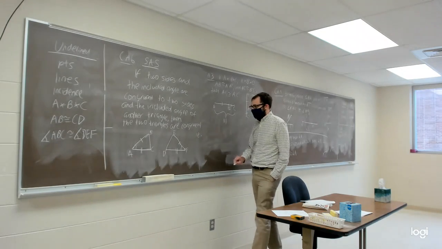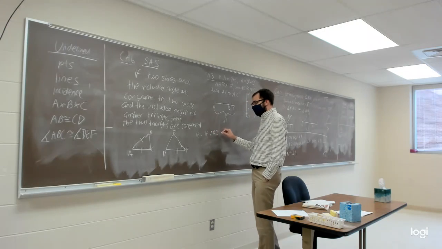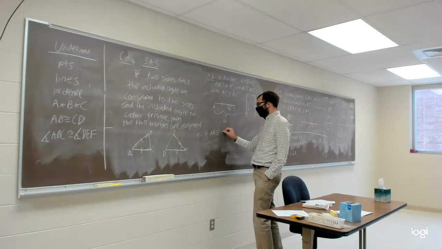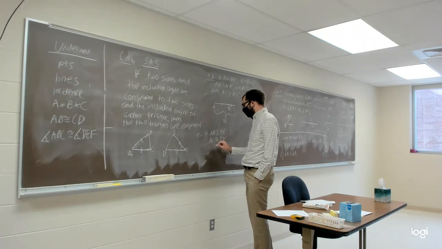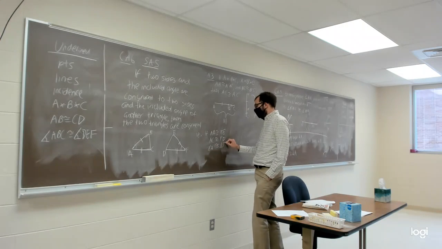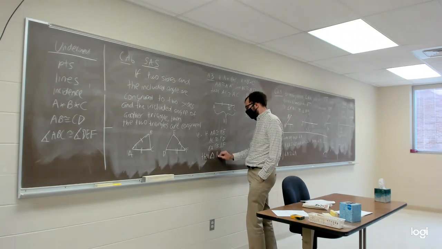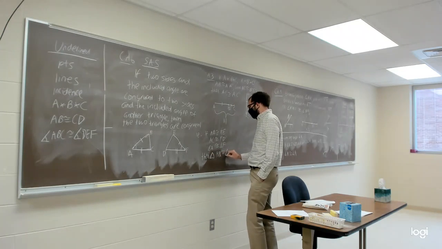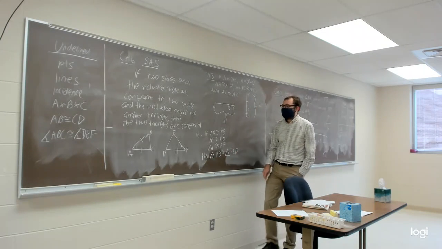So if I just want to write that out in words, we could say if AB is congruent to EF, and let's say FE, AC is congruent to FD, and angle A is congruent to angle F, then triangle ABC is congruent to triangle FED.